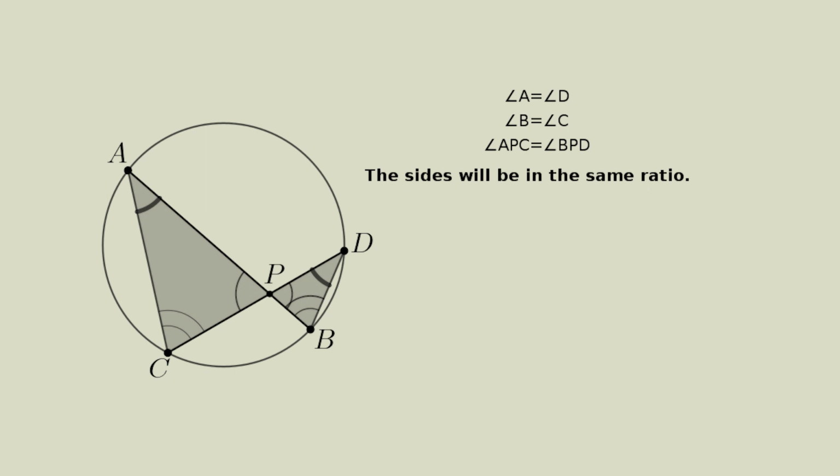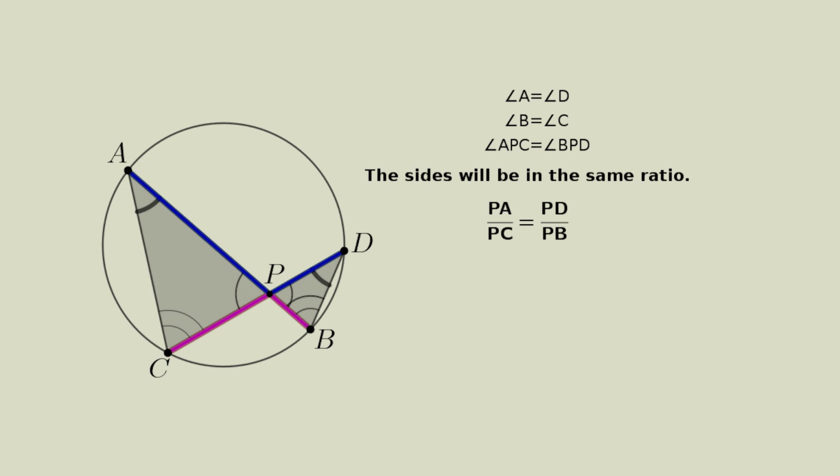If we take PA in triangle APC, its similar side is PD in triangle BPD. And if we take PC in triangle APC, its similar side is PB in the other triangle. So we have the relation PA by PC equals PD by PB.